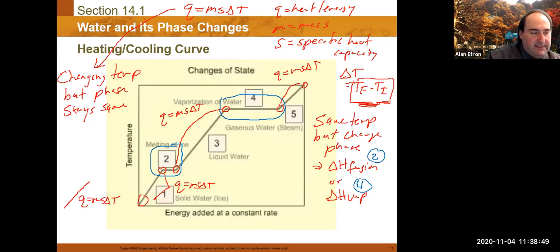As we'll see in just a second as well, when you use a specific heat equation, you do want to be careful of the specific heat capacity. The specific heat capacity for substances does change depending on the state. So when you look it up in a table, you want to make sure that you get the specific heat capacity for, say, water in its liquid state, which is that 4.184 number.